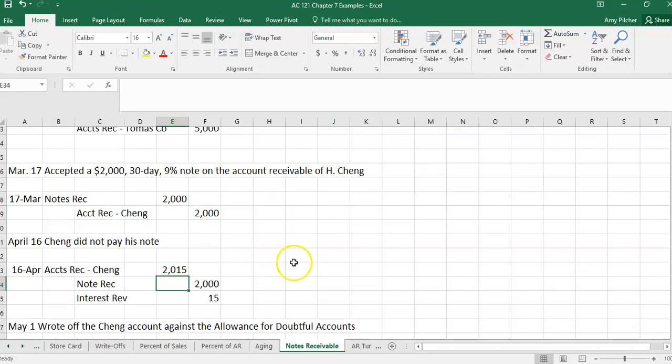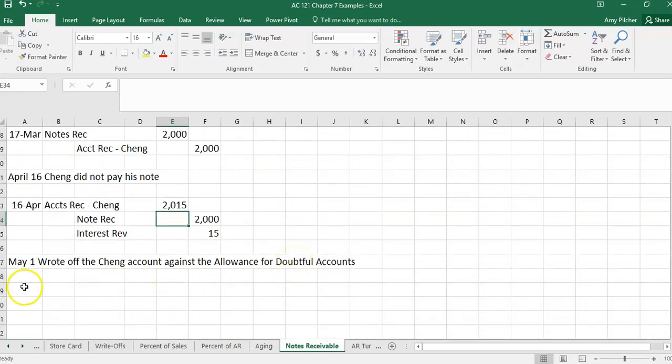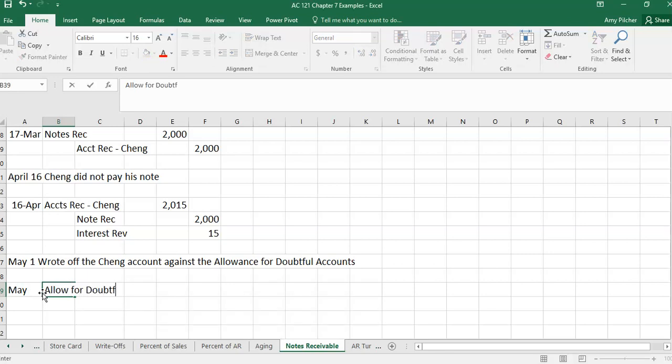So we have $15 of interest. On May 1st, we write off that account against allowance for doubtful accounts. So we're going to record a debit to allowance for doubtful accounts and a credit for that accounts receivable.